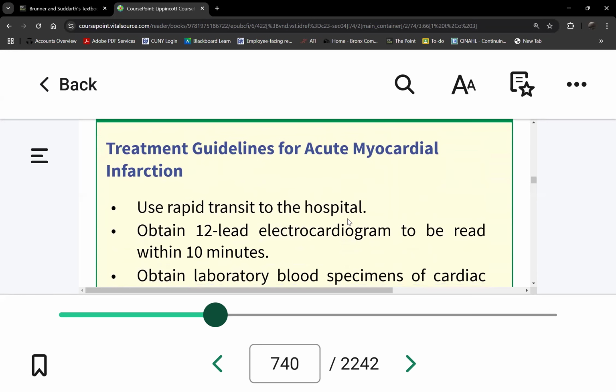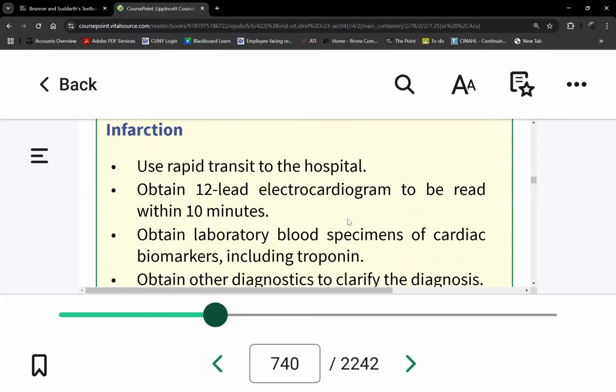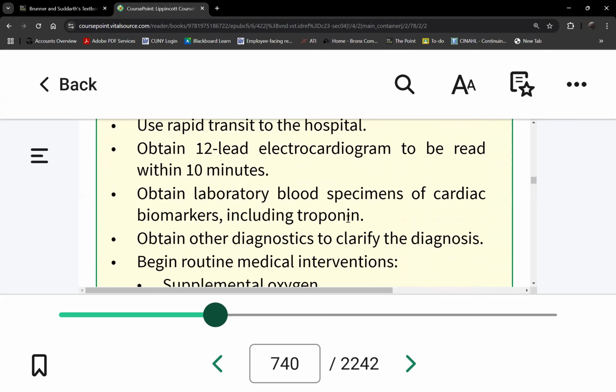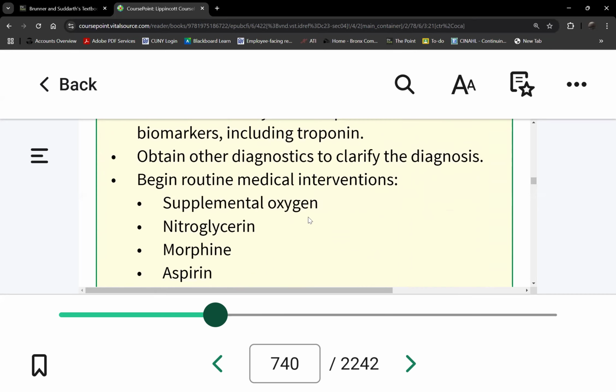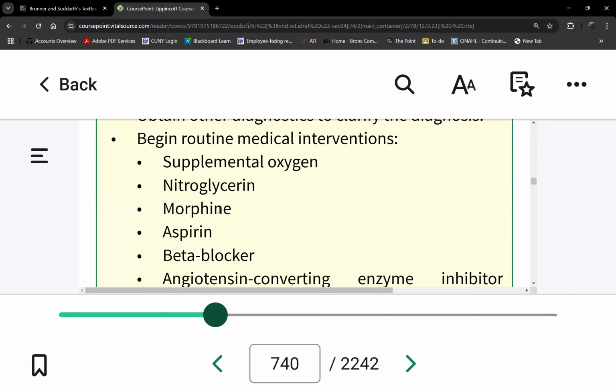So we have algorithms to follow. If we suspect acute MI or acute coronary syndrome, so 911, again, ECG within 10 minutes, as well as labs drawn within 10 minutes. And then this is what we do. For the acronym, it's MONA: morphine, oxygen, nitro, and aspirin, right?